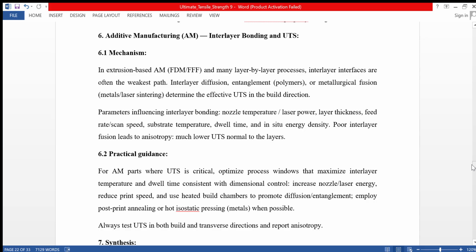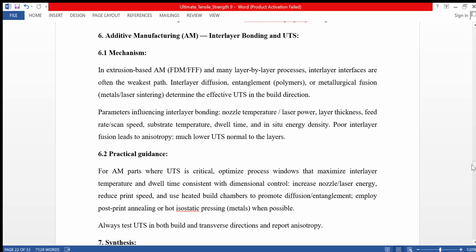Interlayer diffusion, entanglement, or metallurgical fusion determine the effective UTS in the build direction. Parameters influencing interlayer bonding: nozzle temperature, laser power, layer thickness, feed rate or scan speed, substrate temperature, dwell time, and in situ energy density. Poor interlayer diffusion leads to anisotropy, with much lower UTS normal to the layer.